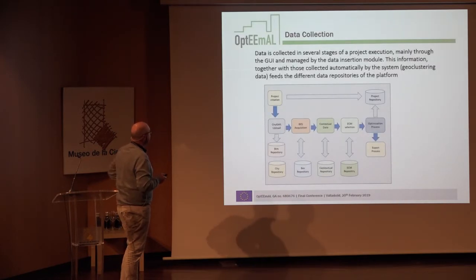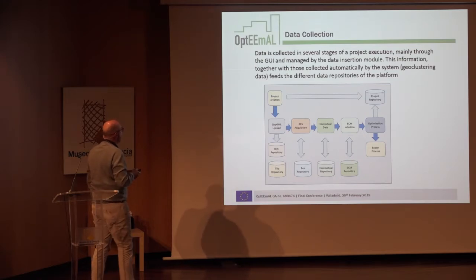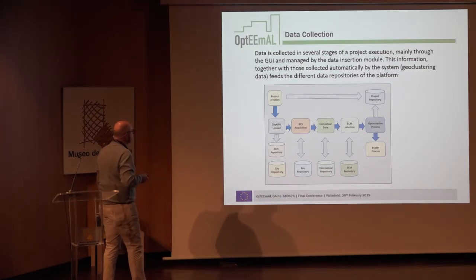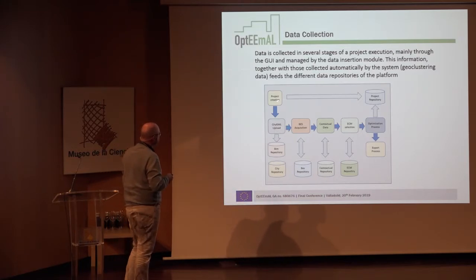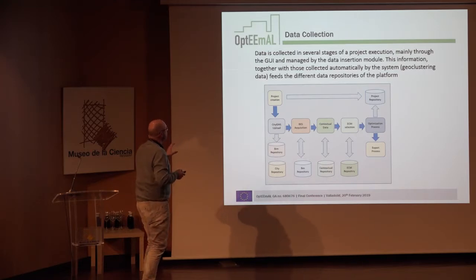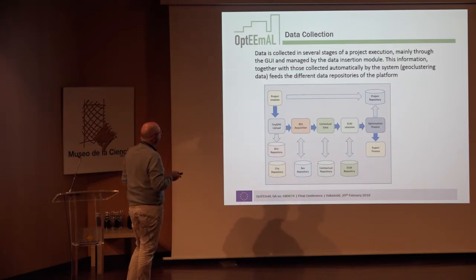And then how data are collected. All this information is collected in repositories, but unfortunately each repository contains only one type of information. They can be different kinds of objects.